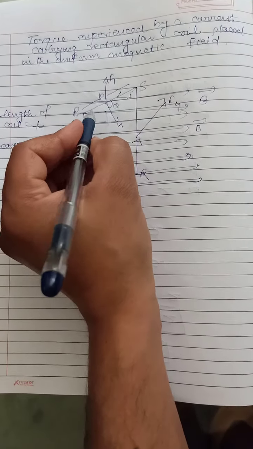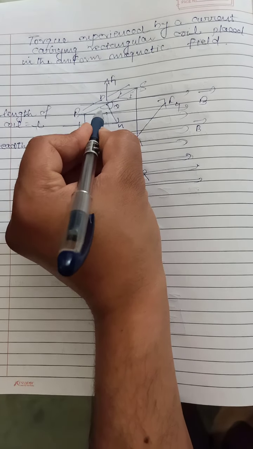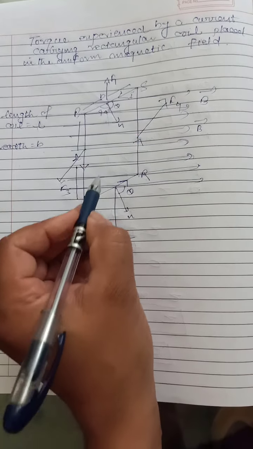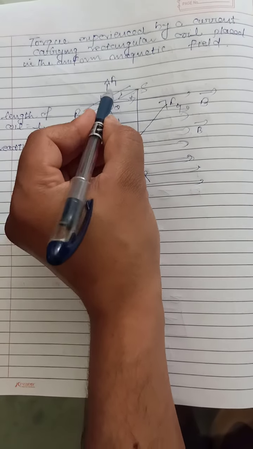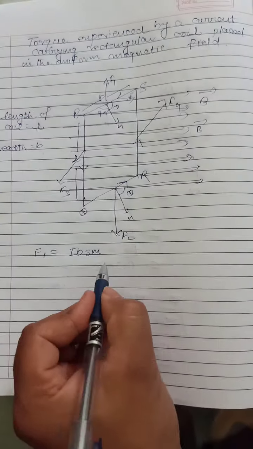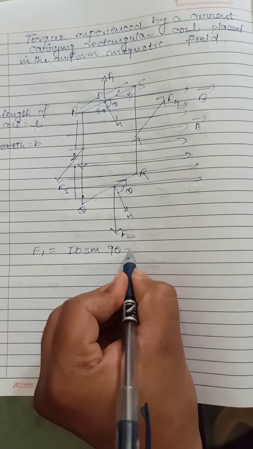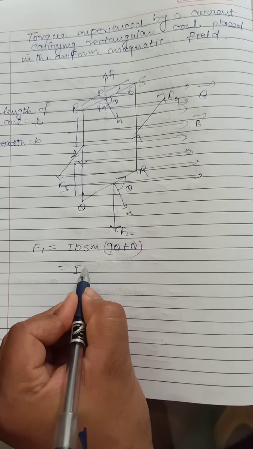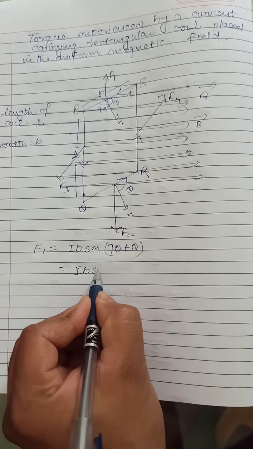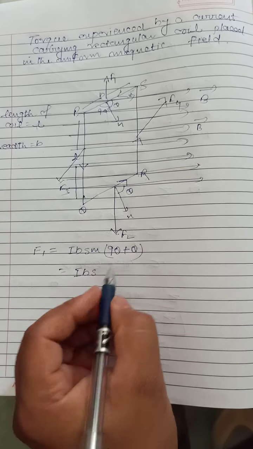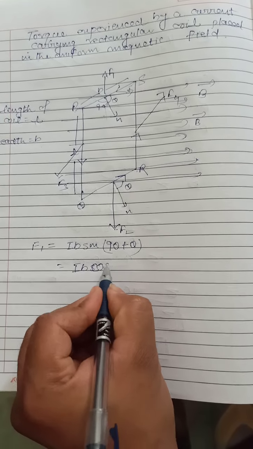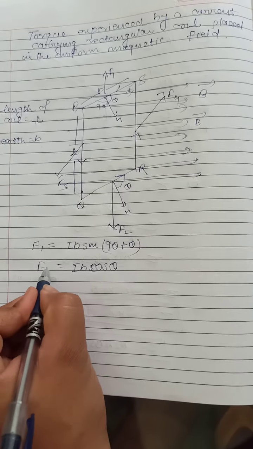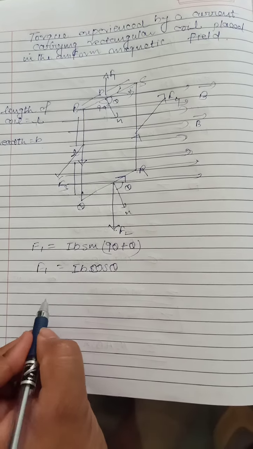So this is 90 degree. So what is the angle between this PS and B? This is 90 plus theta. So this becomes IB sin (90 plus theta), which becomes cos theta. So F1 is IB cos theta.